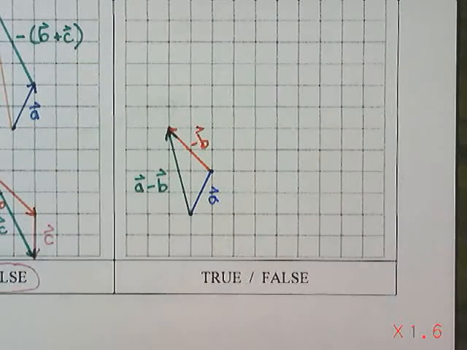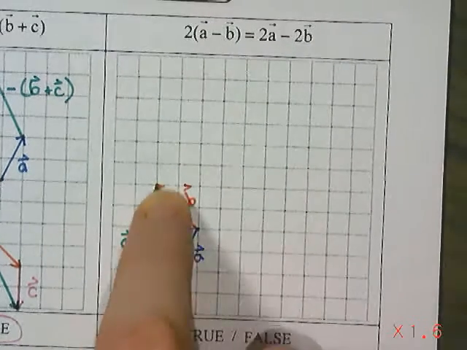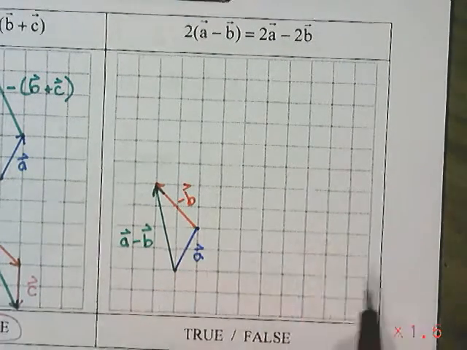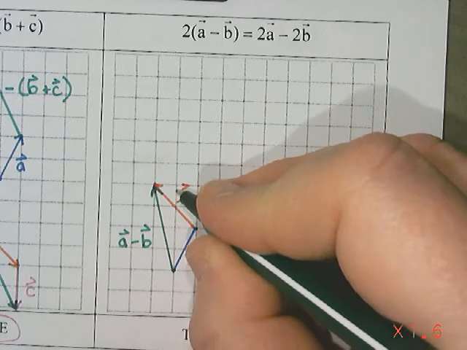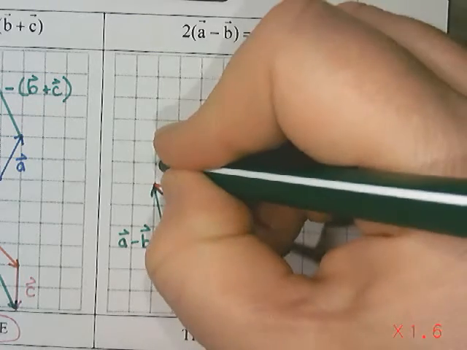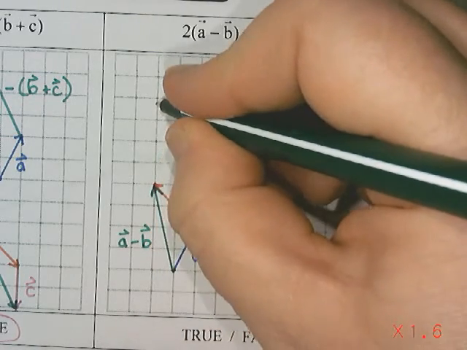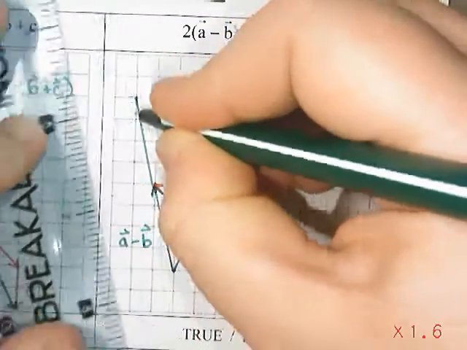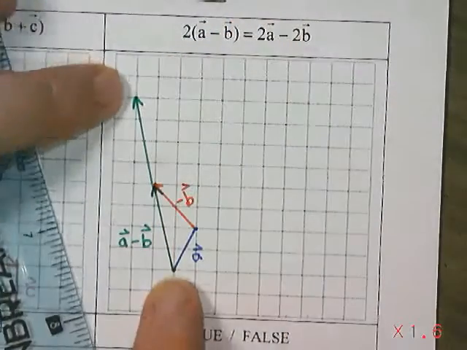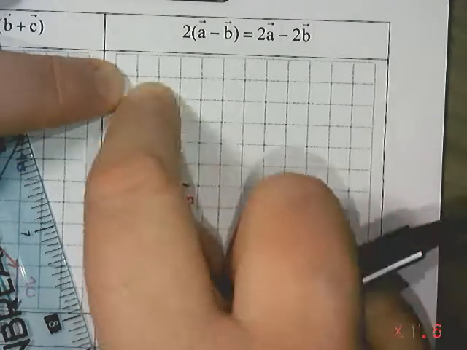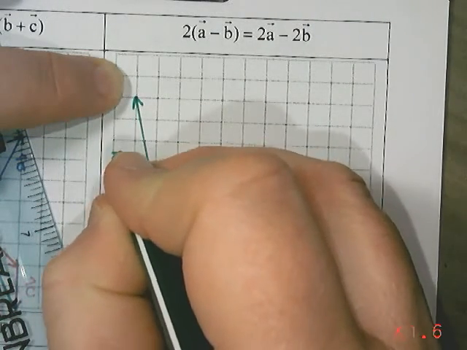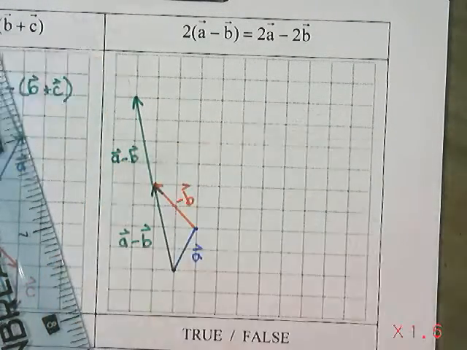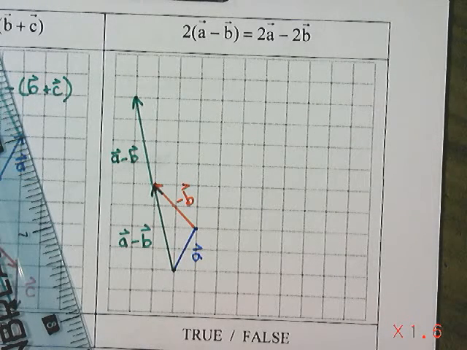Okay, and then 2 times A minus B means I have to take this and do it twice. So this is going 1, 2, 3, 4, up, 1 over. So then I'm going to draw another one, 1, 2, 3, 4, and then 1 over. So this whole big long thing would be 2 A minus B's because I have A minus B and then I have another A minus B on top of that. Okay, that's the one we're looking for to compare with.